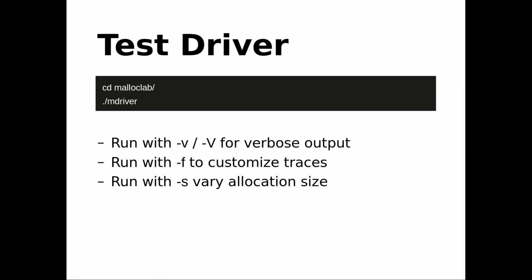One that comes to mind, which I don't believe we talked about last semester in the help session, is -n. -n is a flag you can use to essentially make the heap always at the same address, and you can use that to hunt down bugs a little more easily. -v is for verbose output. -f allows you to, I think, customize traces. I don't know if that means running a specific trace or something else. And -s varies the allocation sizes passed into mmfree, mmmalloc, and mmrealloc.